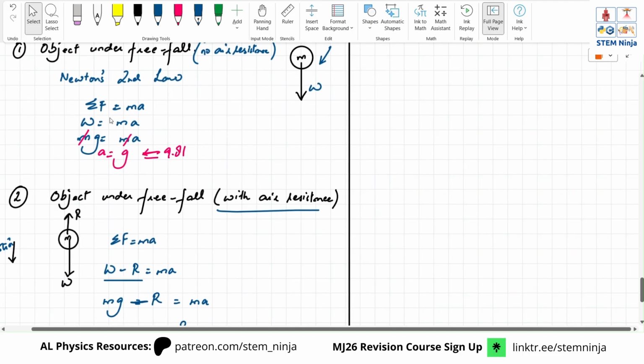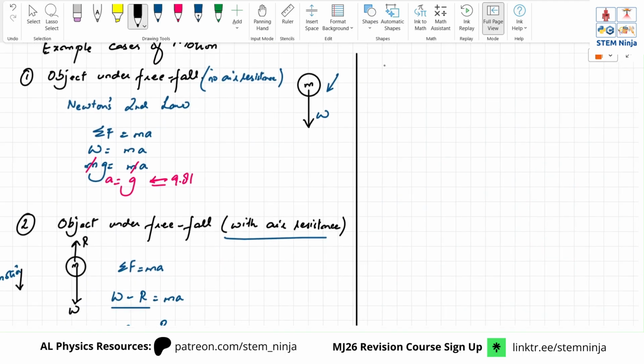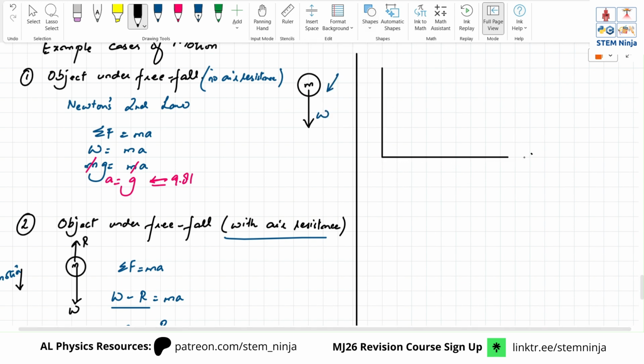First off, let's see how the velocity-time graph would look like. So the velocity-time graph for both of these would look like this, v against t.